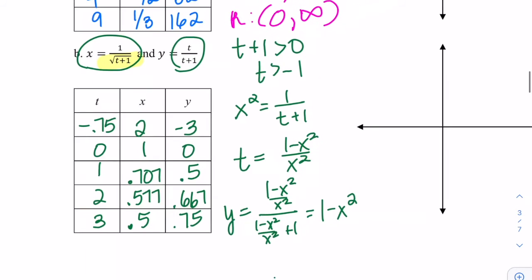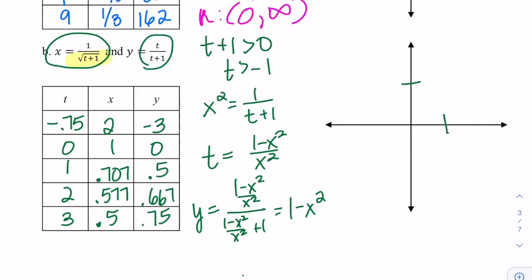Now let's sketch the equation. So at 2, it'll be at -3. At 1, it'll be 0. And then we'll start having these values increase until we get to x equals 0. It will look like half of a parabola.